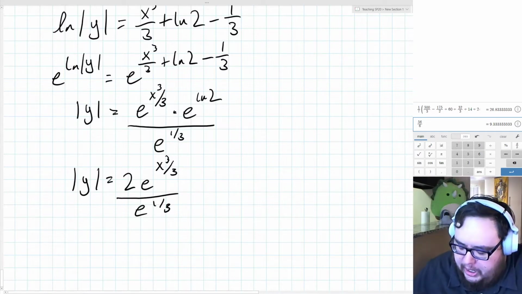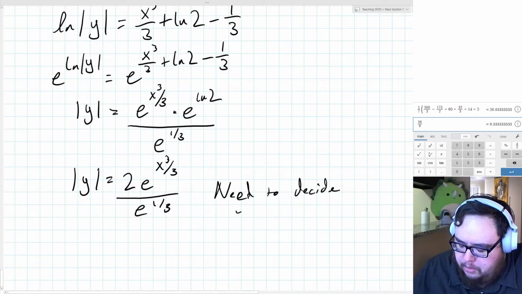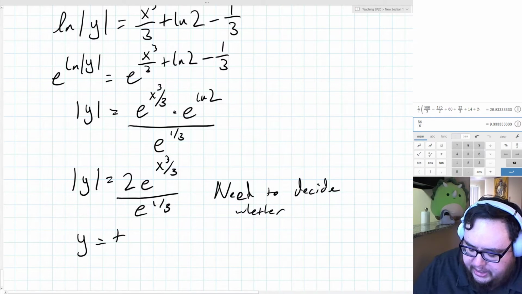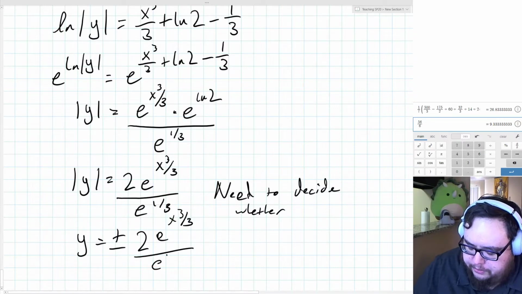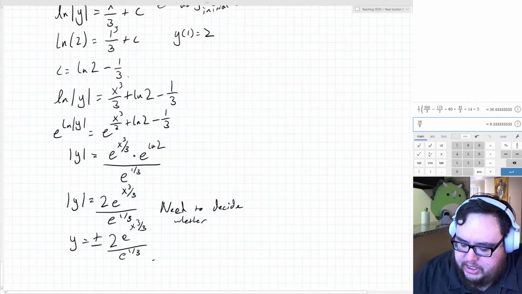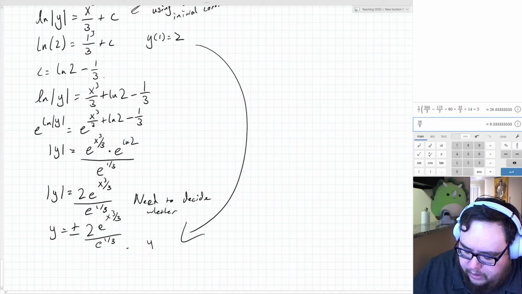And then we need to decide whether the absolute value does something or not. y is equal to plus or minus 2e to the x cubed over 3 over e to the 1/3. Well, our initial condition helps us here too, that y of 1 is equal to 2.